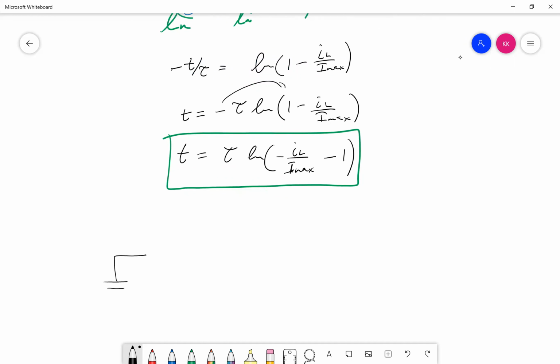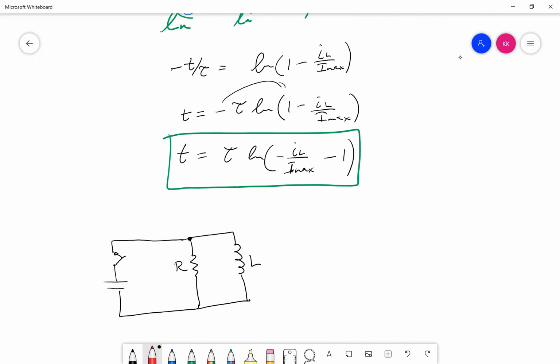Here's the battery, here's a switch, and then there was a junction point, then there was a resistor R, and then there's an inductor L. Now, as soon as I close the switch, if I can measure the EMF, that means put some kind of voltmeter here that measures the voltage, and then some kind of ammeter here that measures the current.